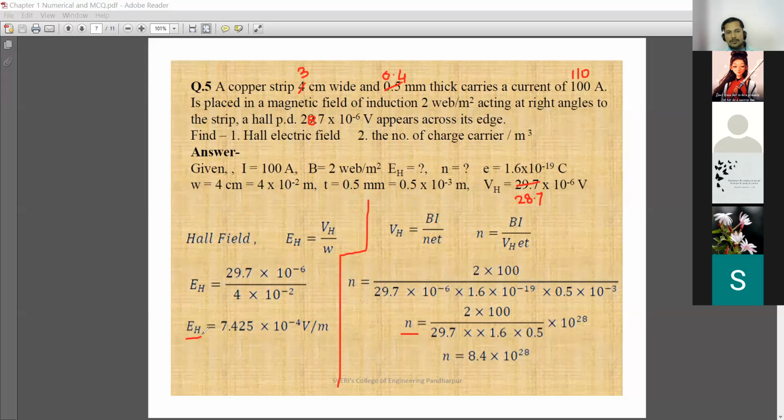So what about EH? 7.17 into 10 raised to minus 4. Is the factor the same, or does it get changed, or is it as it is?